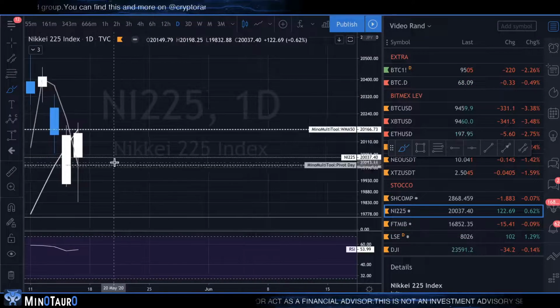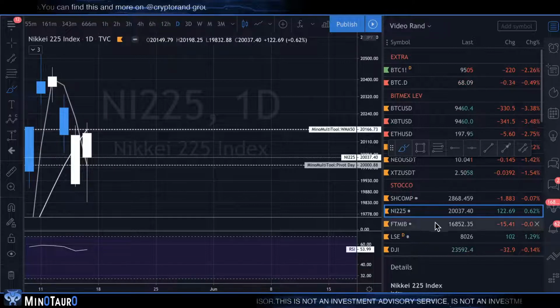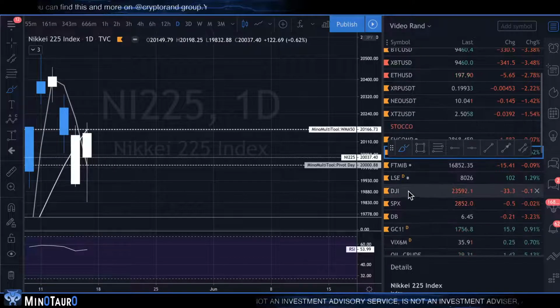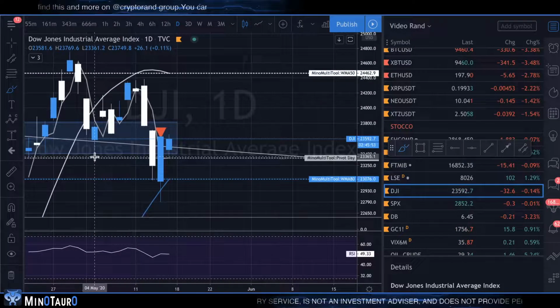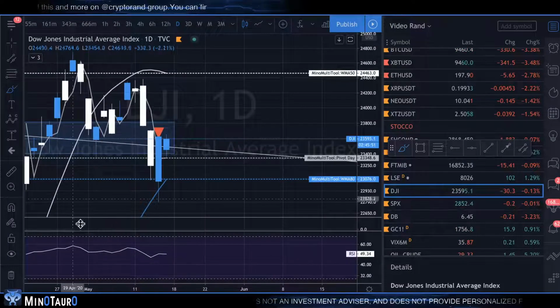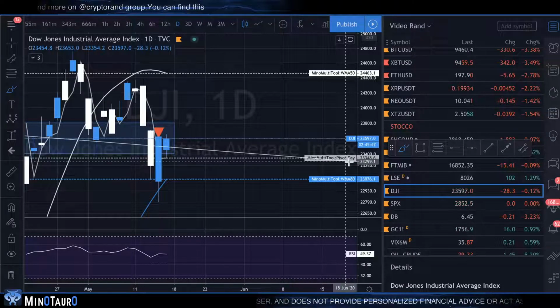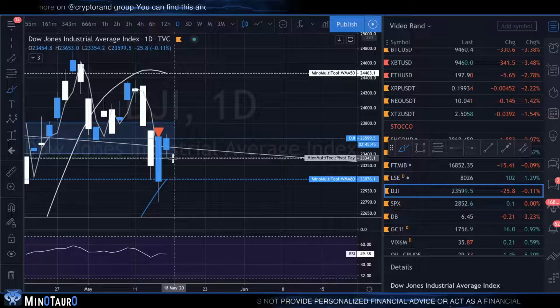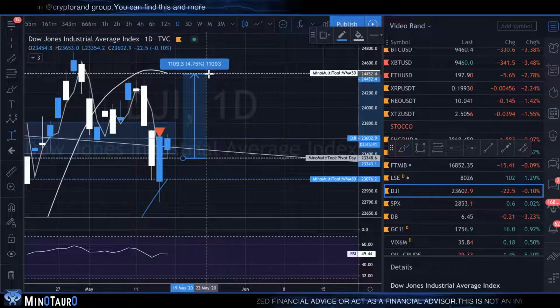Nikkei closed over daily, but under WMA 50, and Dow Jones that is still on the move is right over the pivot day. So this is still very good to go there.